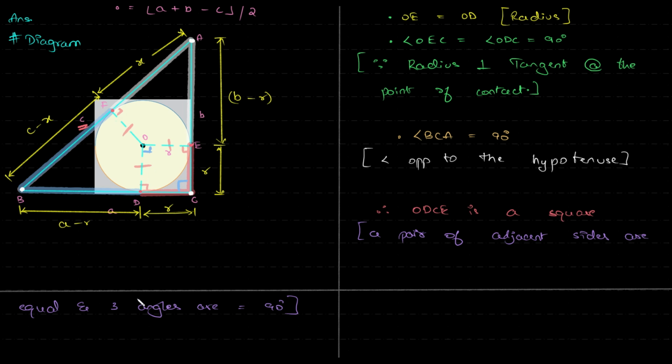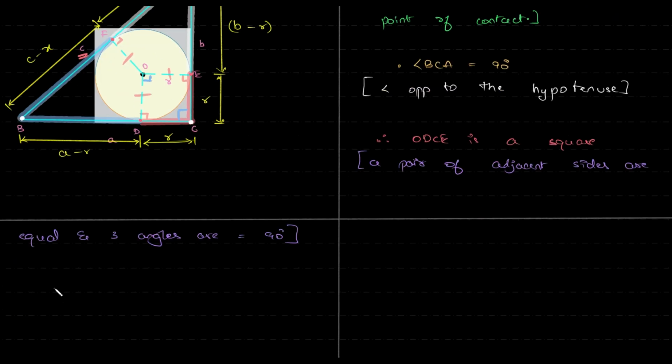Okay, so we have this to be a square. Therefore, DC, which is equal to CE, will be equal to OE, and all of them are equal to R.